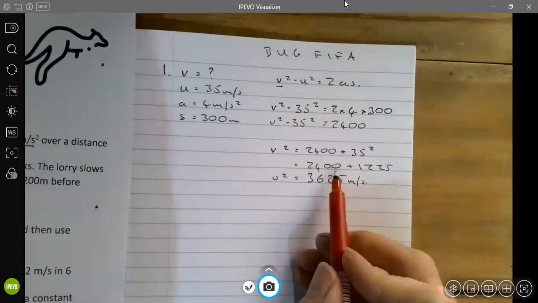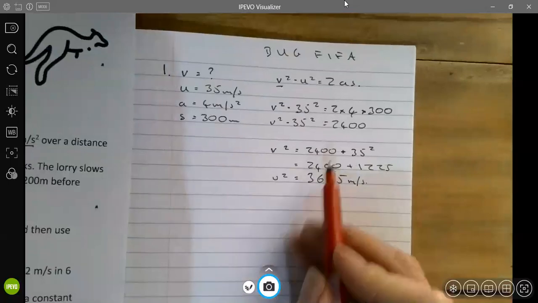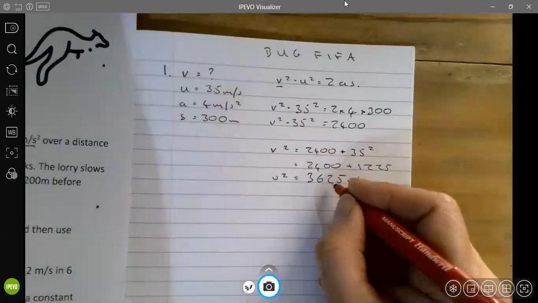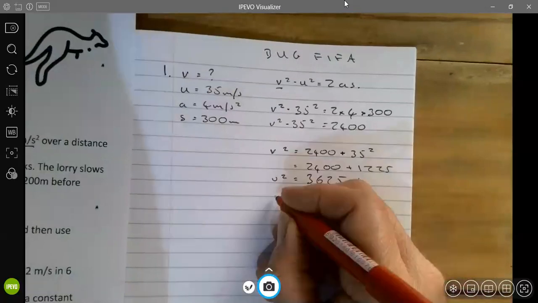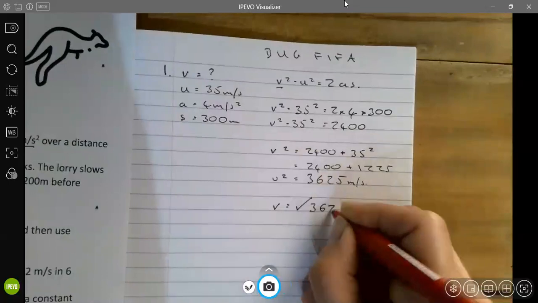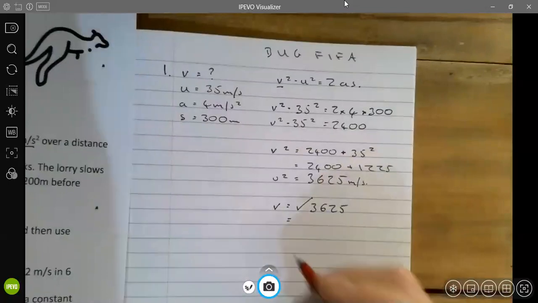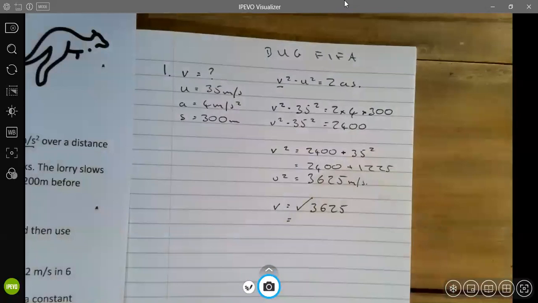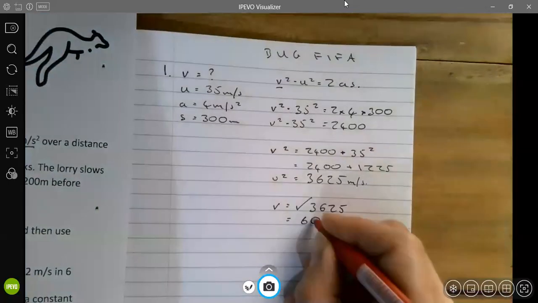The opposite of a square is a square root. So I'm going to do the opposite to the other side to give me v. So v will equal the square root of 3625, which is equal to 60.2.